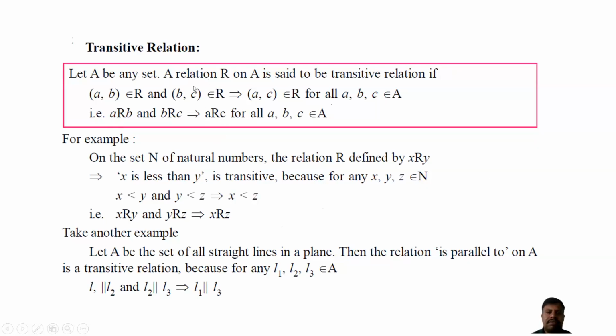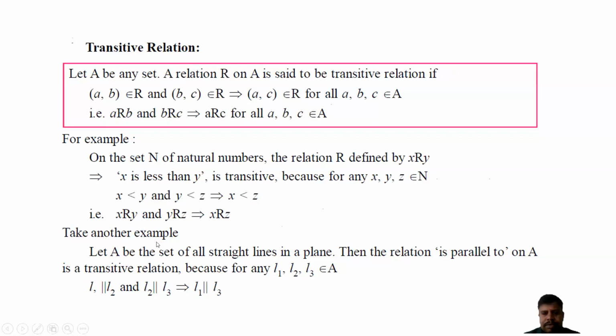That is the transitiveness. For example, on the set of natural numbers, the relation R defined by x is related to y if x is less than y is transitive, because for any x, y, z, if x is less than y and y is less than z, then x is less than z. Okay.